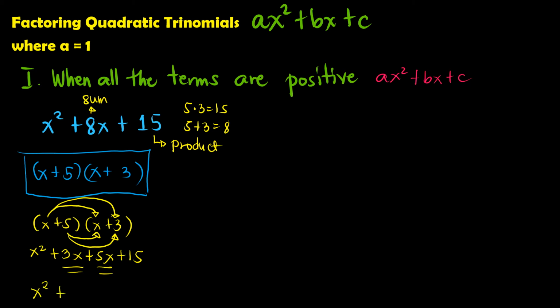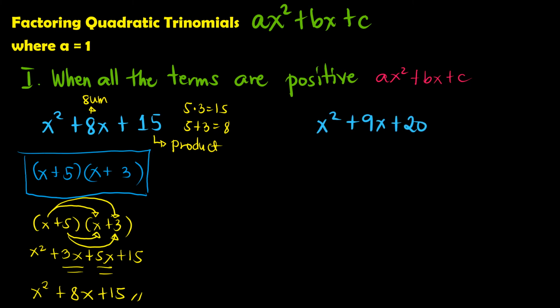And 3x plus 5x, 3 plus 5 is 8. Kinokopya lang yung common or similar variable nila. And then, copy the constant term. So, we have x squared plus 8x plus 15. Which is the same doon sa problem na hinanapan natin ng factor. So, meaning to say, our factor for this quadratic trinomial is correct.